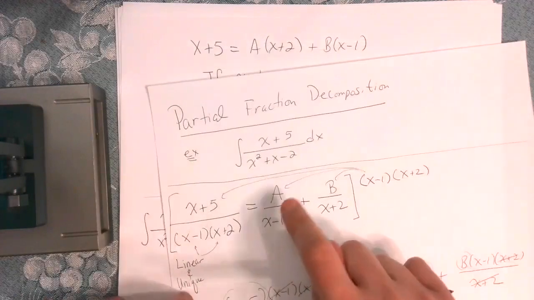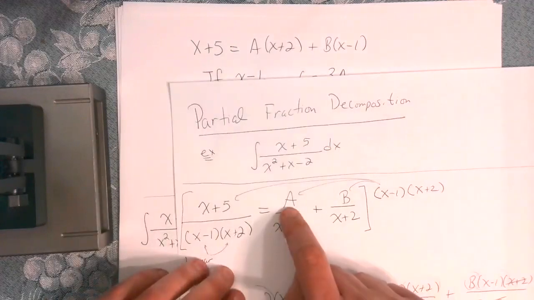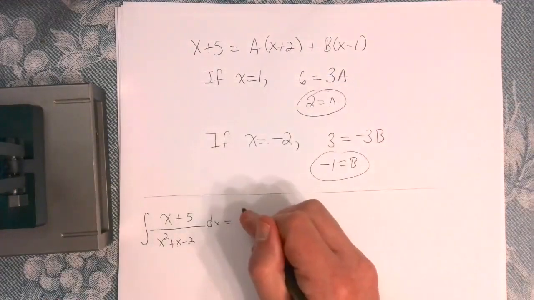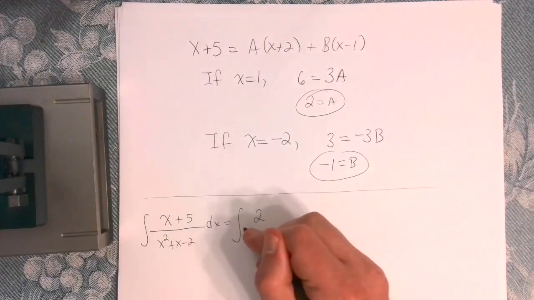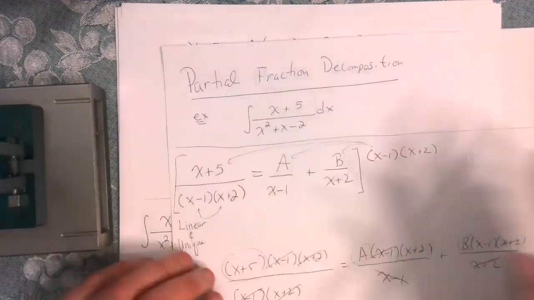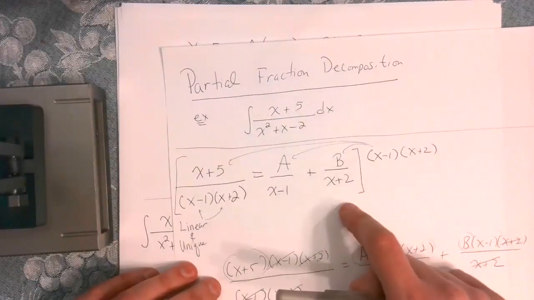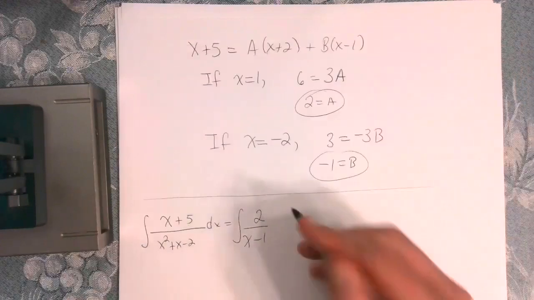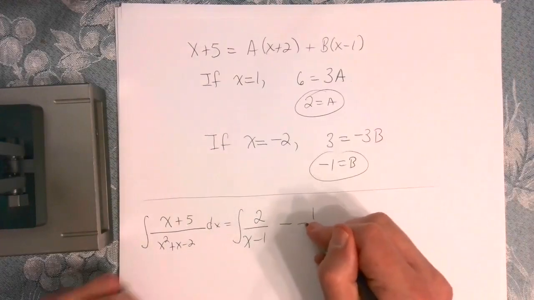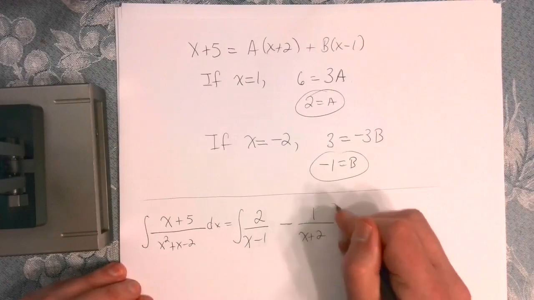So what do we have for a? We said we had 2 for a. So we're going to plug 2 in for a. So that's 2 over x minus 1. And then we said we have minus 1 for b. So we're going to plug in minus 1 for b. And that's over x plus 2.